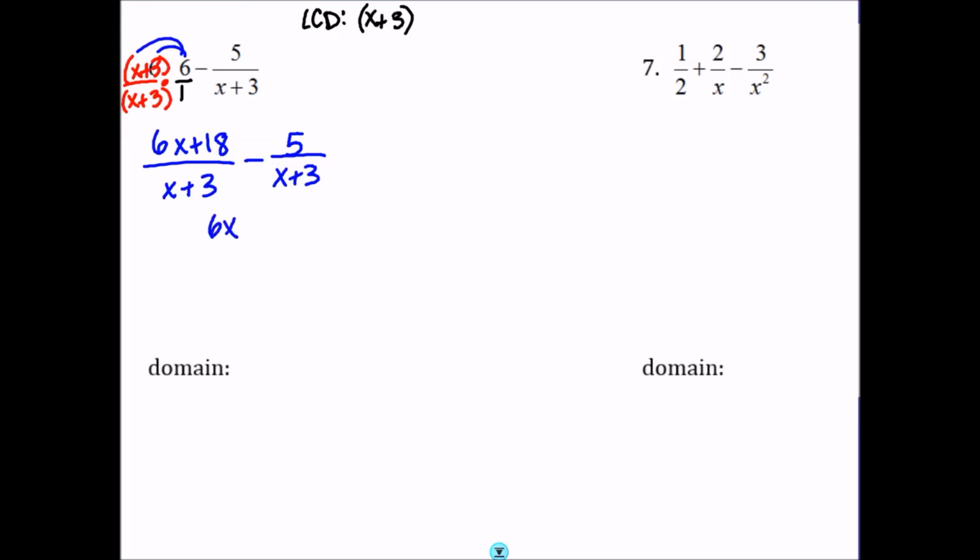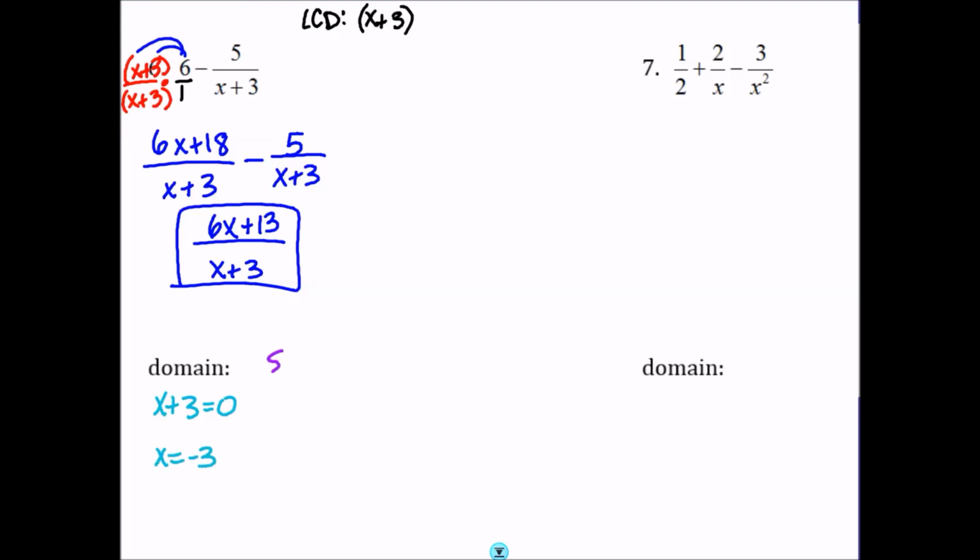We get 6x plus 13 over x plus 3. Remember, when you find the domain, look at the LCD, set that equal to 0, and solve. So our domain is x, such that x does not equal negative 3.